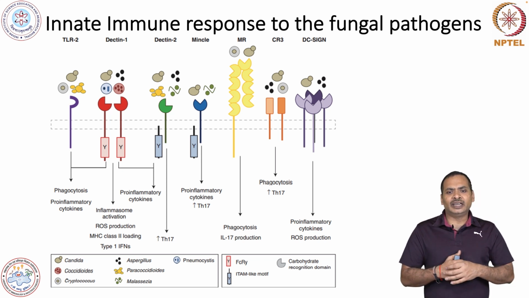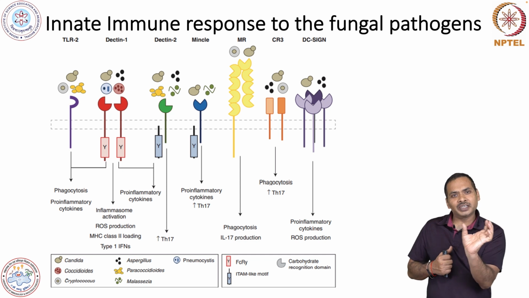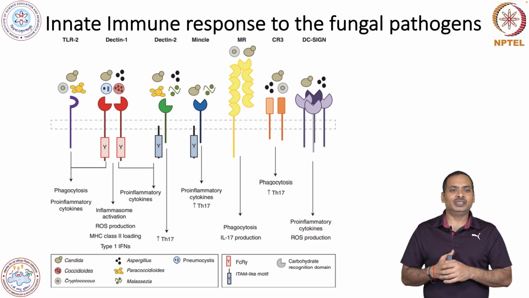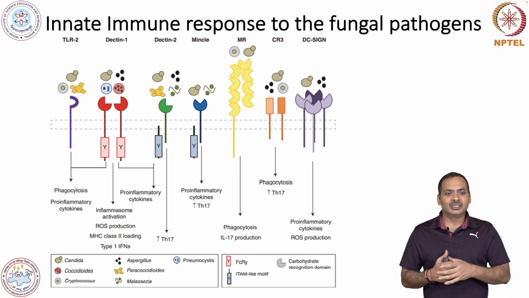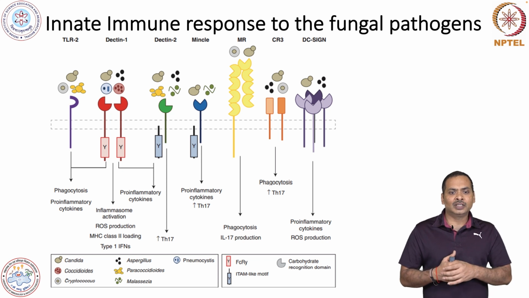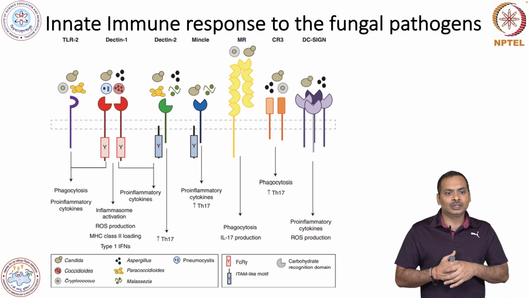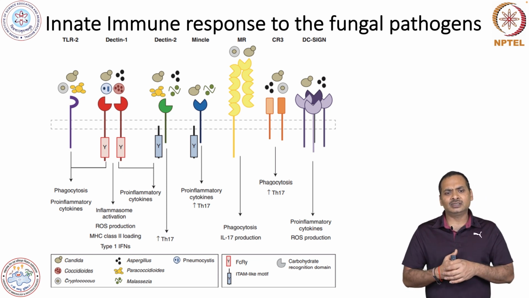And there is the Dectin-1 receptor, which has a carbohydrate recognition domain. This can sense a variety of microbes such as Candida, Aspergillus, Pneumocystis, and Coccidioides.